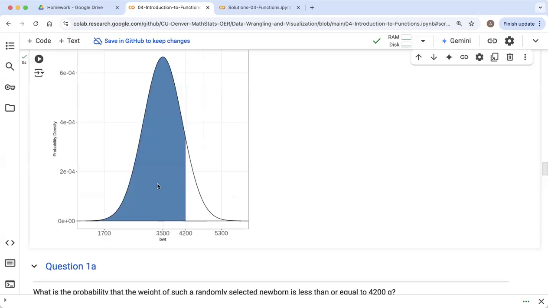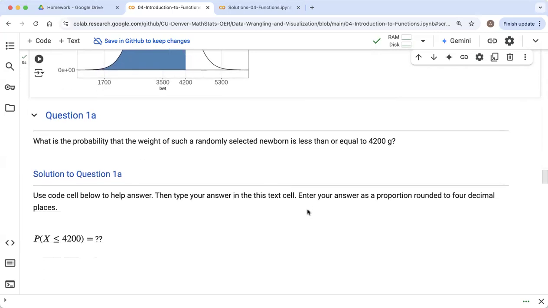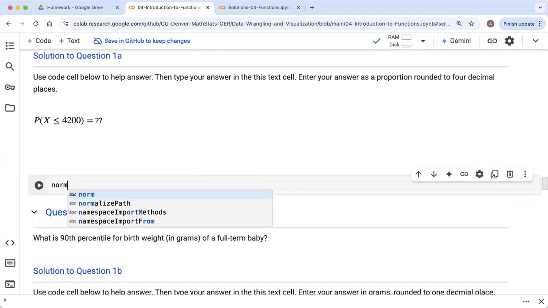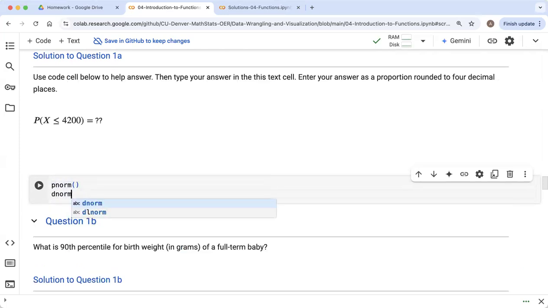But I want to talk about how we can use R to calculate these probabilities using these built-in distribution functions in R. And so there are these four functions that we could think about. And so here, our distribution is the norm distribution. And there are a couple of functions to think about here.